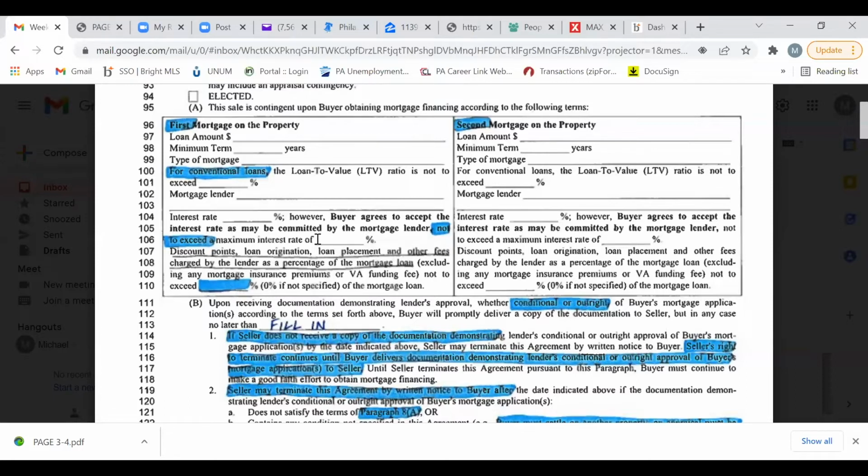Okay. It's also important on line 102 that you write that mortgage lender in, that coincides with the pre-approval letter. So that if for some reason you had in there that you were getting a loan through PNC and you got a pre-approval from PNC, but then they went to Fulton and got turned down, is their deposit at risk or not?